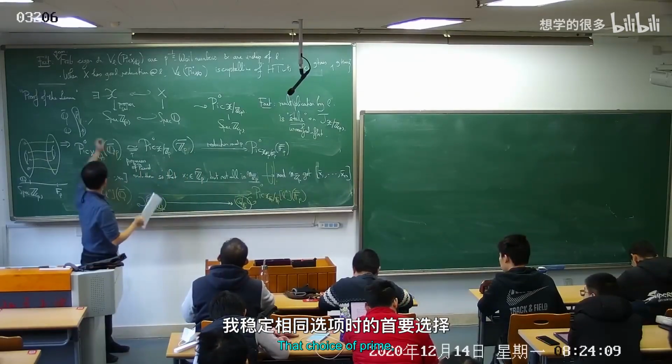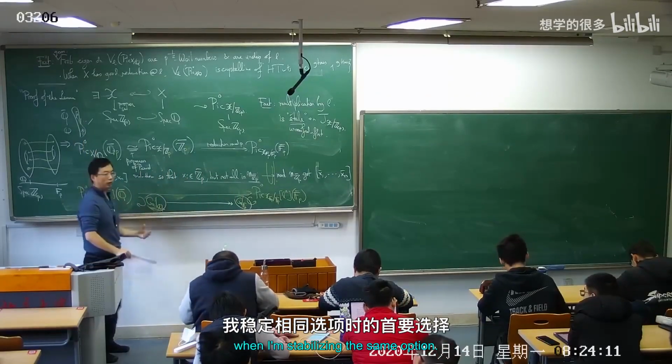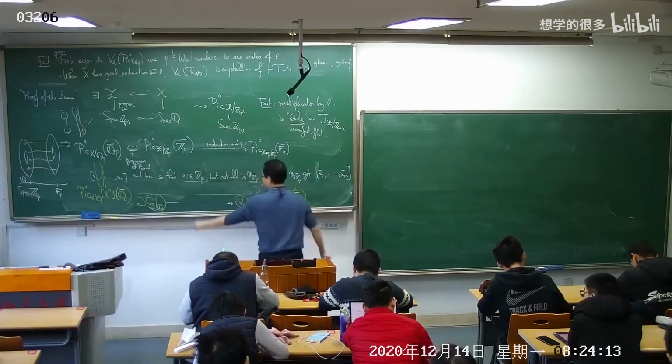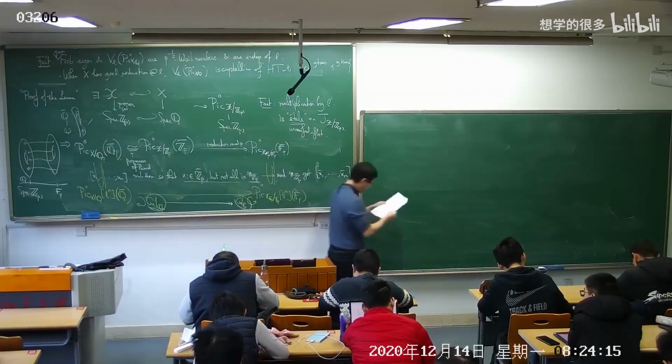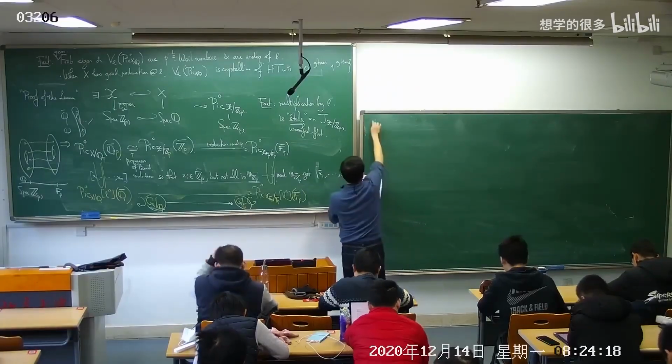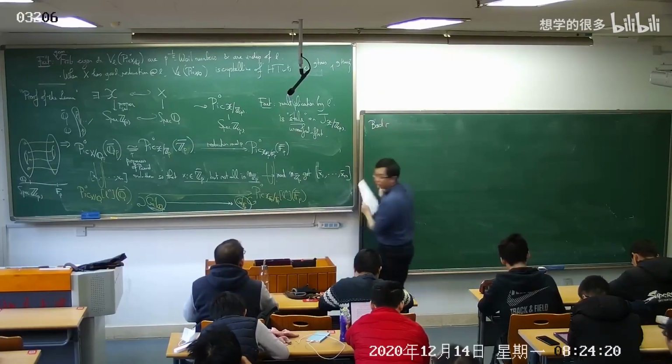So that choice of prime will not be stable under the Galois group action. Any questions?